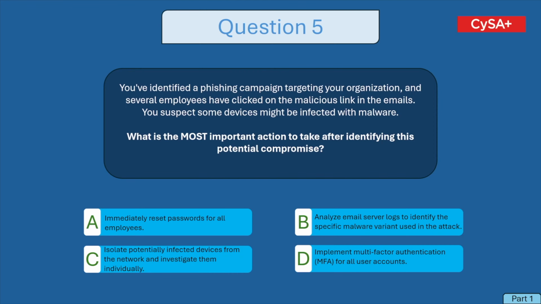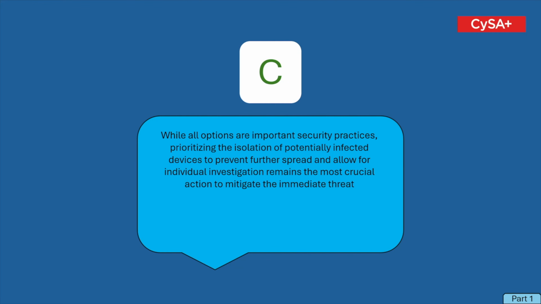So you're going to isolate the devices and then continue your investigation. Although all the other options are great options and they do happen during incident response, for this particular scenario, C would be the best option. Going with C.